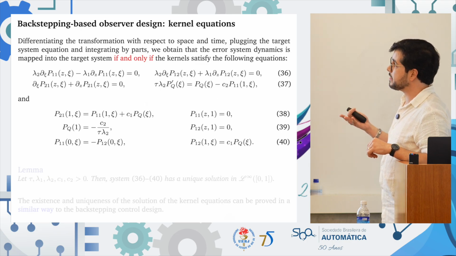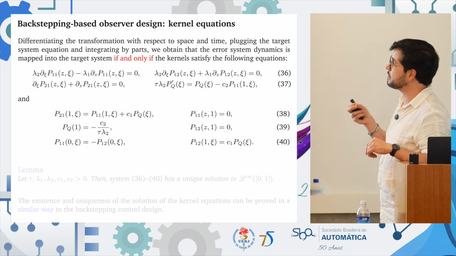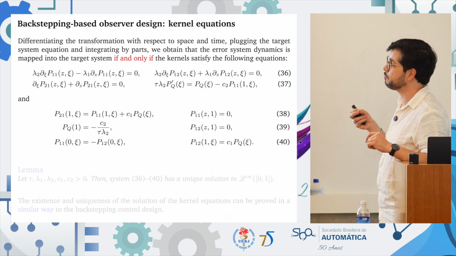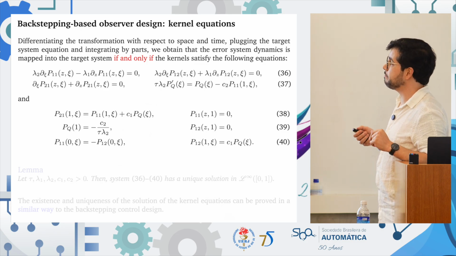So the steps are the same as before. We differentiate the transformation, substitute the dynamics of the system, and see how the kernels of the transformation have to be in order to cancel the undesirable terms and make the system stable.